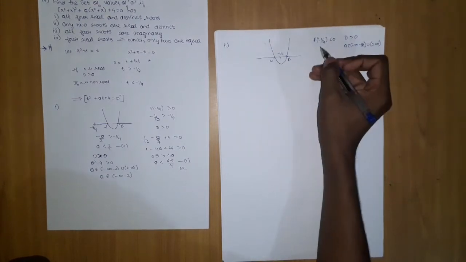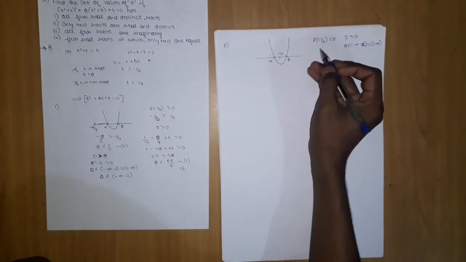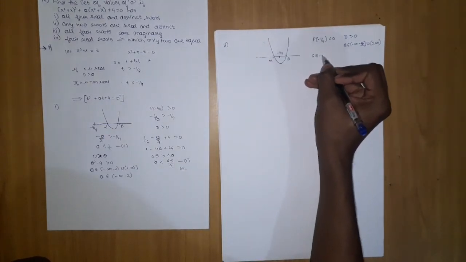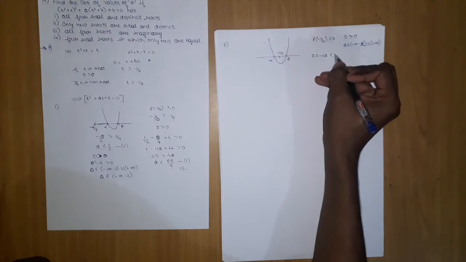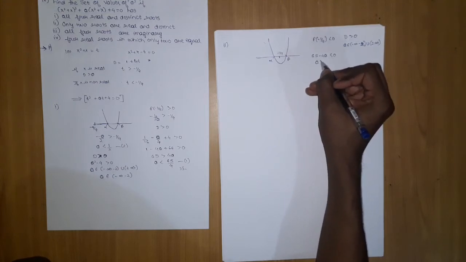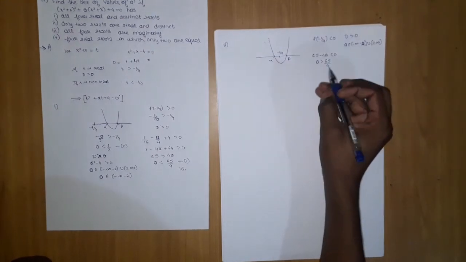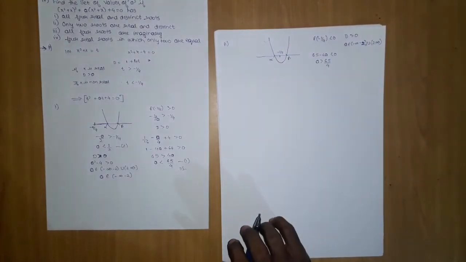For this, we have already solved it: 65 minus 4a should be less than 0, so a should be greater than 65 by 4. Now it is telling greater than 65 by 4.